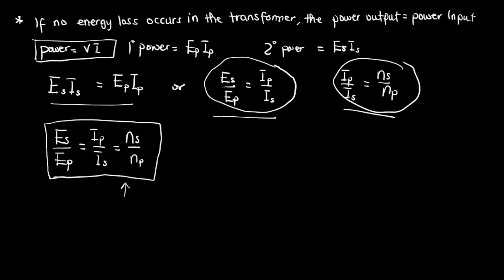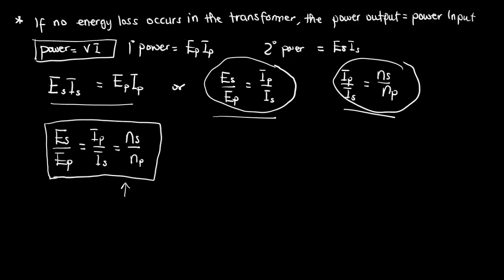Now note that for the EMF and the current, the relationship is inversely proportional. And for the current and the number of turns N, it is also inversely proportional. But if you want to take just the EMF and the number of turns, they are directly proportional.